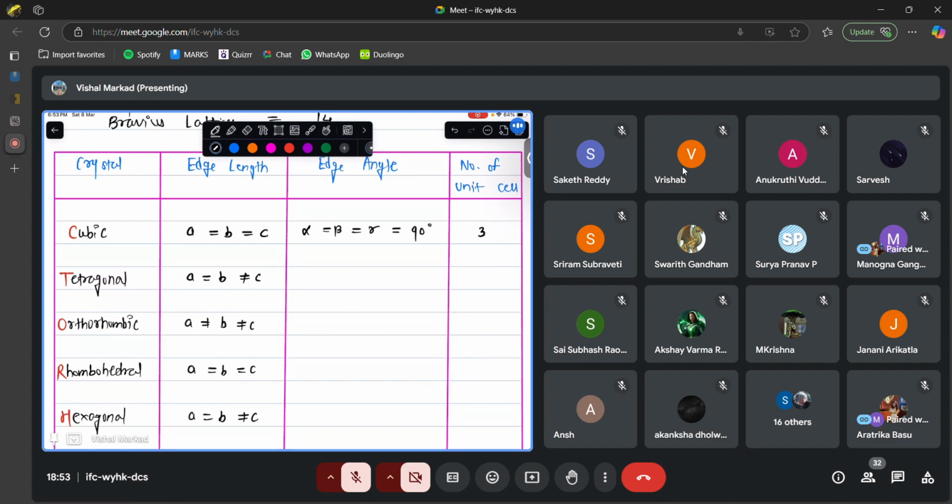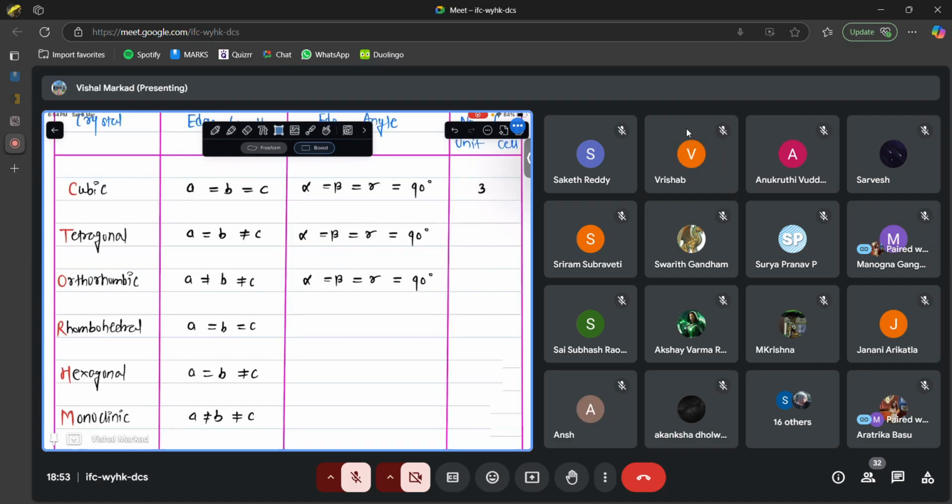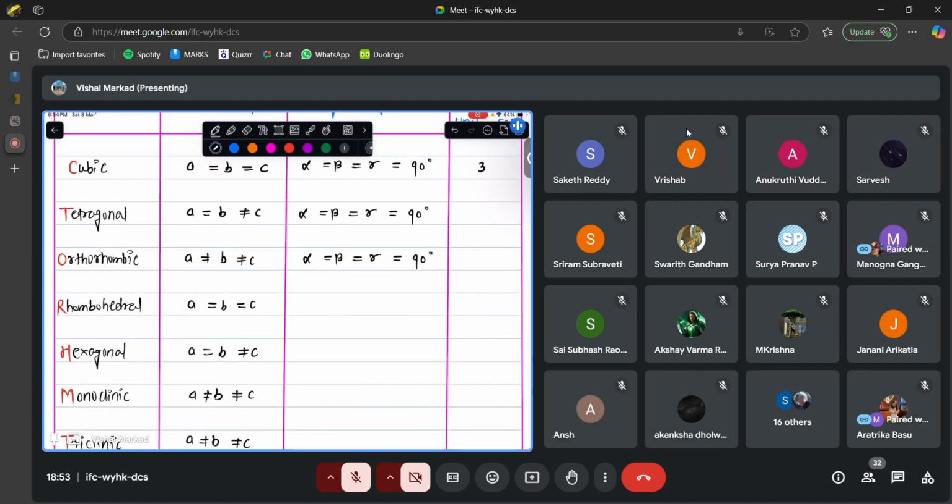Okay, in this way we can study. Now the same thing you write down for the first three, tetragonal and orthorhombic. Next you write down all three are the same: alpha, beta, gamma all are the same, but they are not equal to 90.